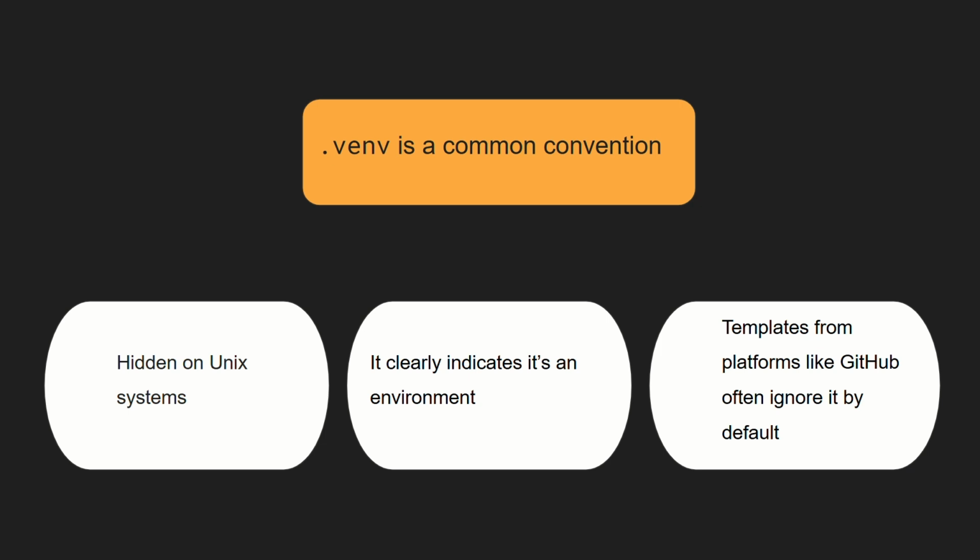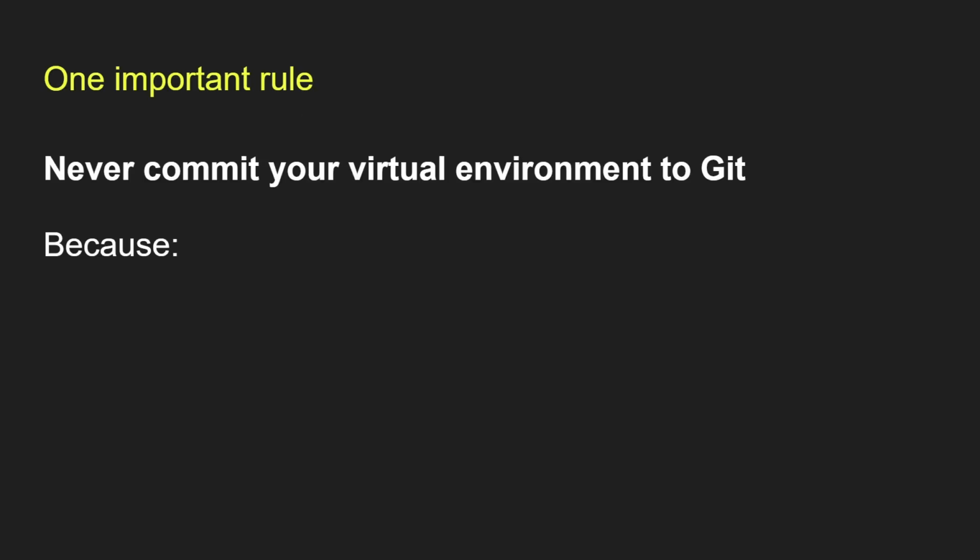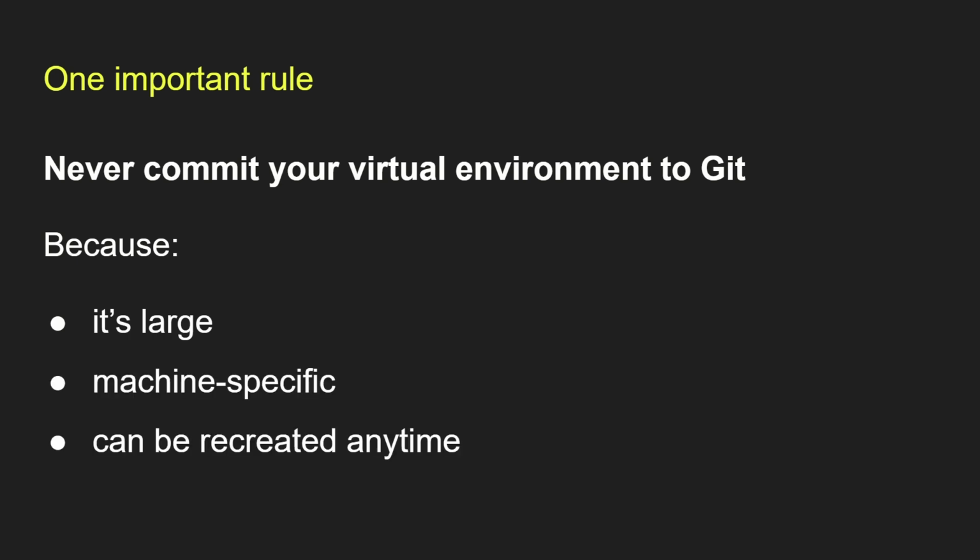One important rule: never commit your virtual environment to Git because it is large, it is machine specific, and it can be created anytime. From Python 3.13, a .gitignore is automatically created inside the environment folder.